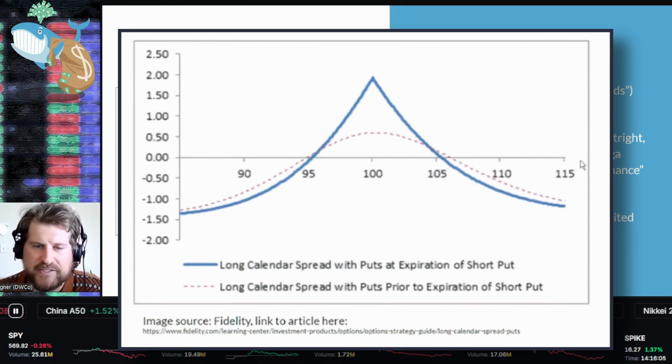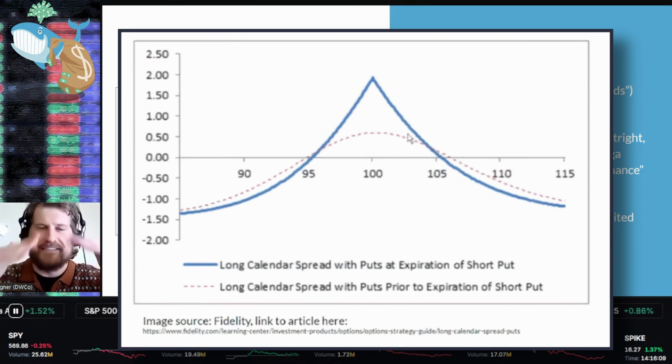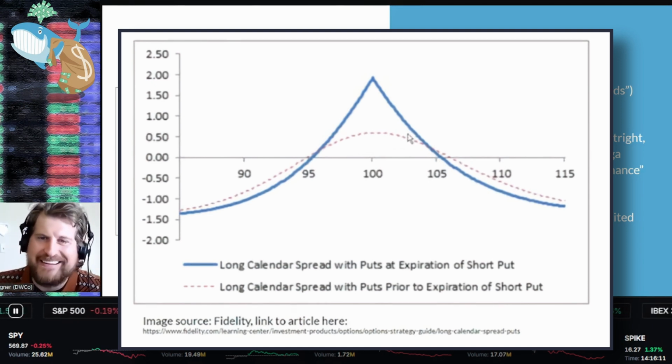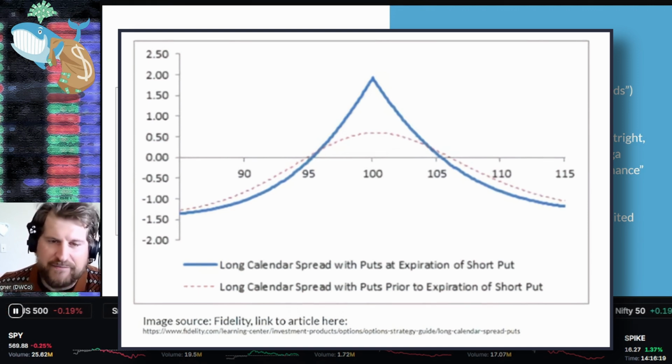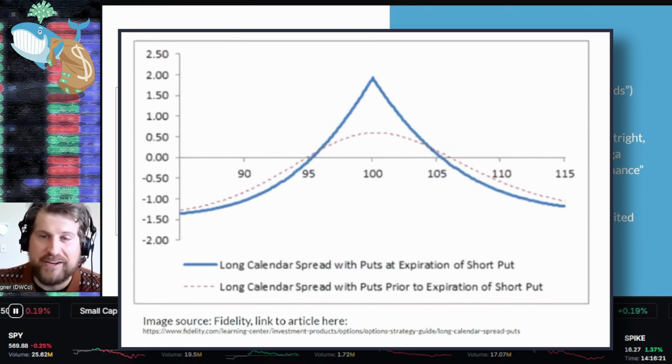And on this intro slide right here, if you look at the pointy tip, that pointy expiration PnL can be very, very high and very extreme, but it's equally extremely difficult to achieve. In this image, the dotted line shows what the PnL might look like earlier than the expiration of that front contract.